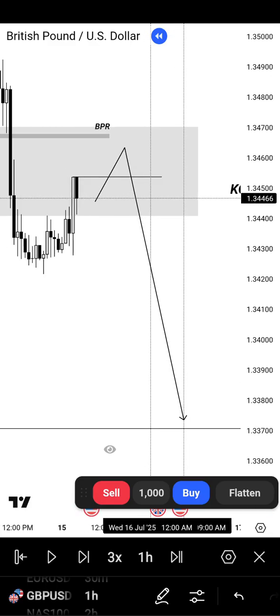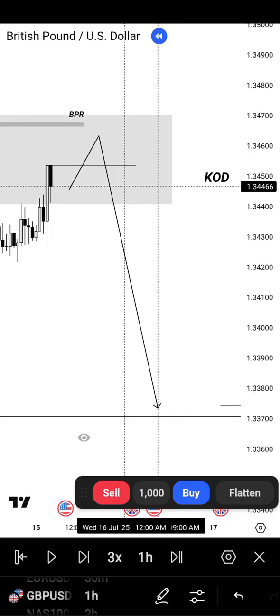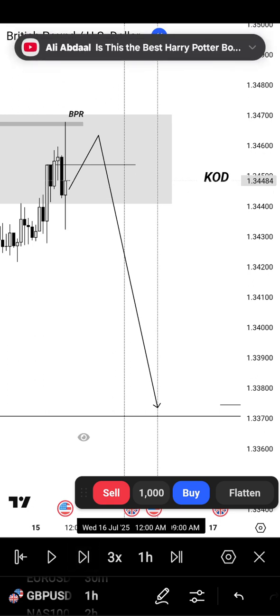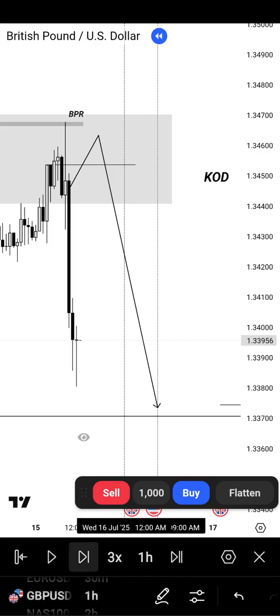So let's see what happens. You see that? Exactly. And we have a CRT low that has been met, right?